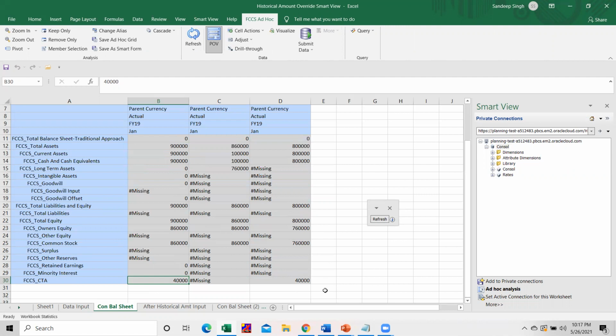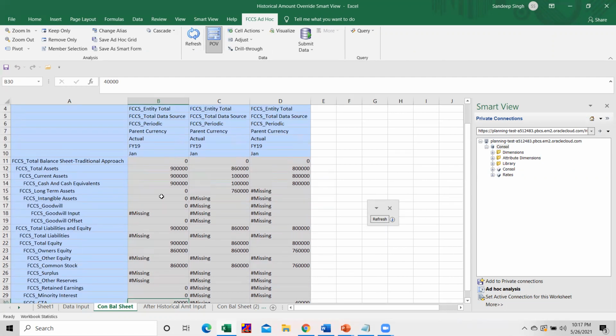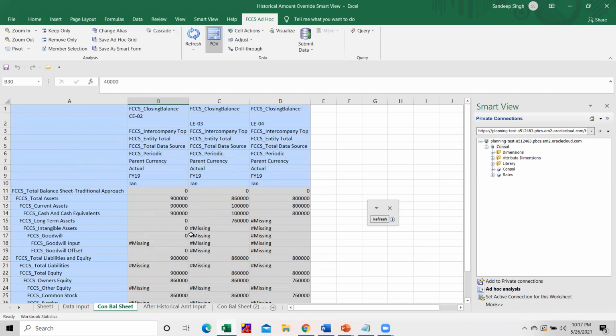This is the utility of the historical amount or historical rate. We have to input the historical rate or historical amount for a historical account. Only then can we get the true picture of the balance sheet. Otherwise, our balance sheet will not reflect the correct picture.